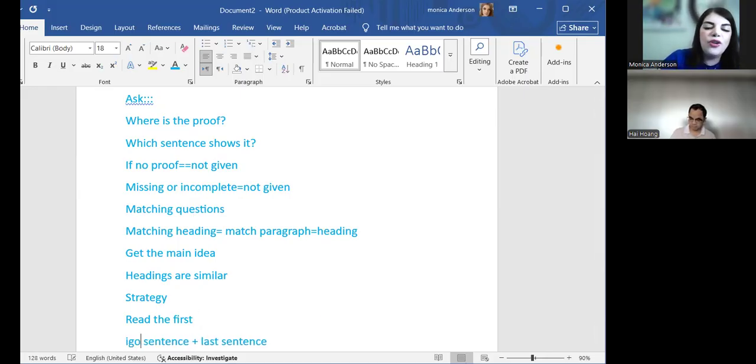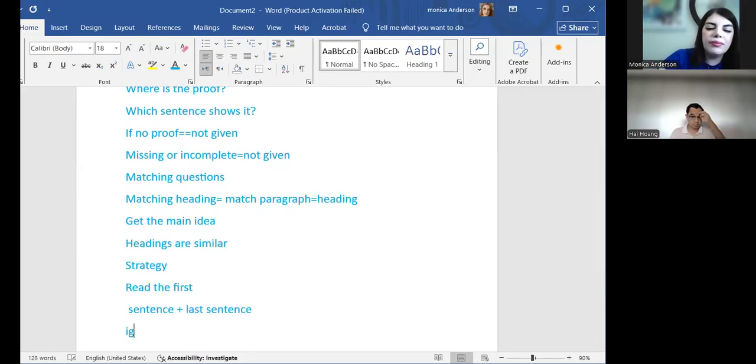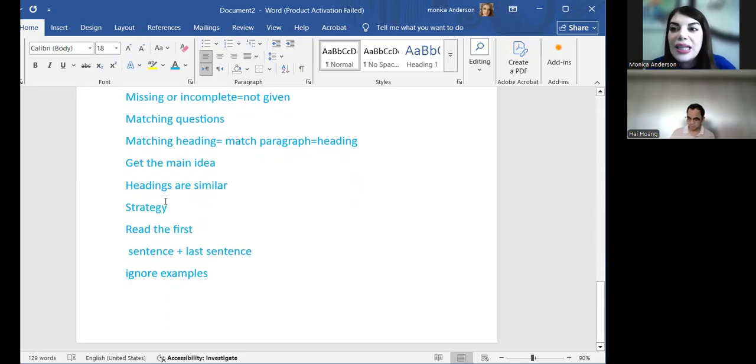So ignore examples. We don't need them. You will see that the first line is normally the introduction and the last line is the conclusion; they are the most important parts in matching heading questions.